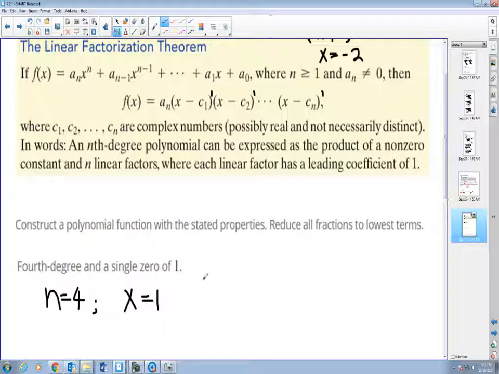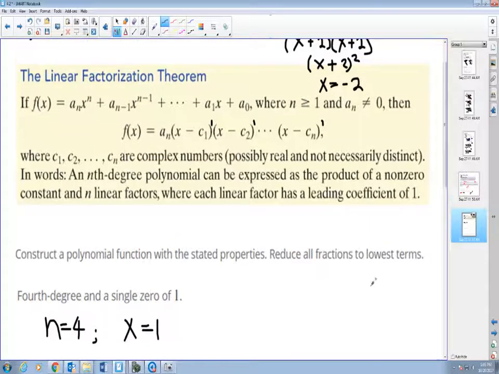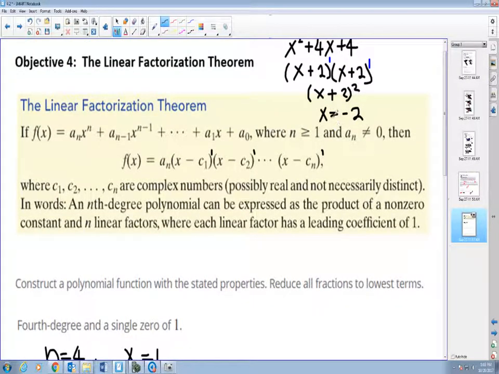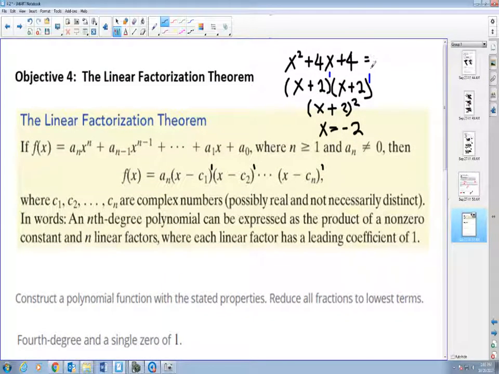What we're going to do here is construct an actual polynomial function based on the degree of the polynomial and the zero they're giving me. So let's go back up to what I wrote. If I want to find the zeros of this polynomial function, I factor it, set each factor equal to 0, and solve for x.